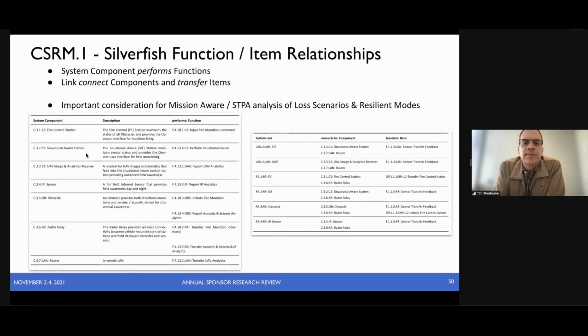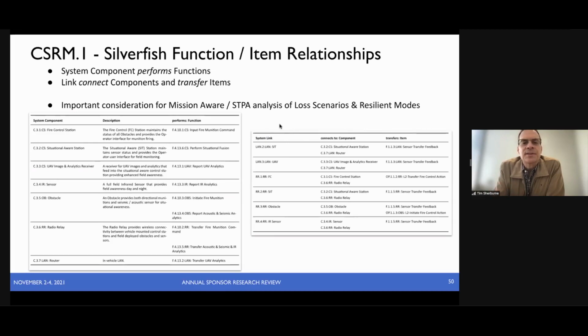So for Silverfish, here are specific examples. On the left are the components of Silverfish, a brief description of each component, and the key functions performed by those components. The table on the right shows the links, what components are connected by each link, and which items flow over the specific links.